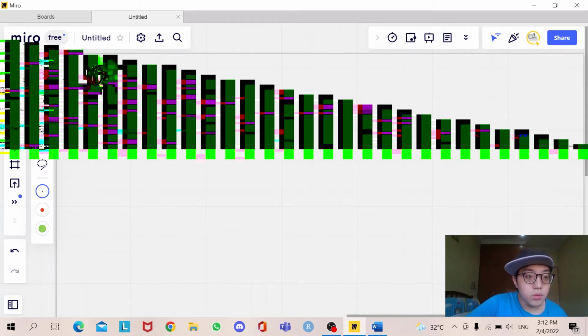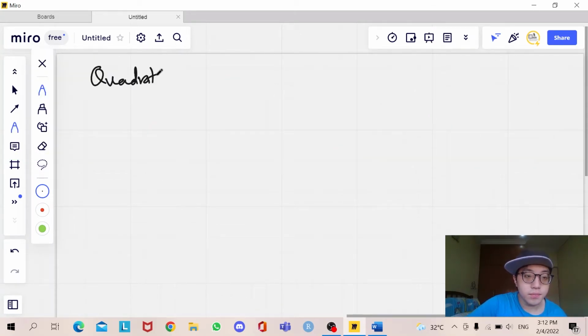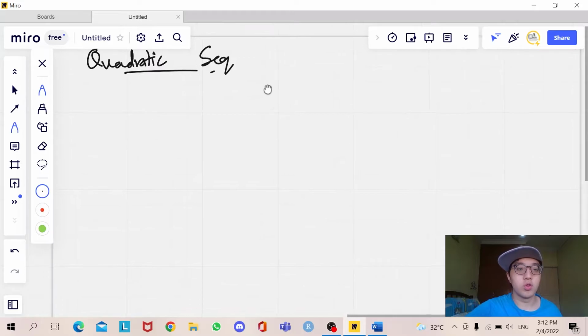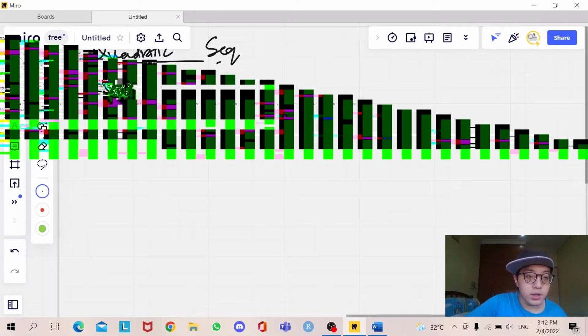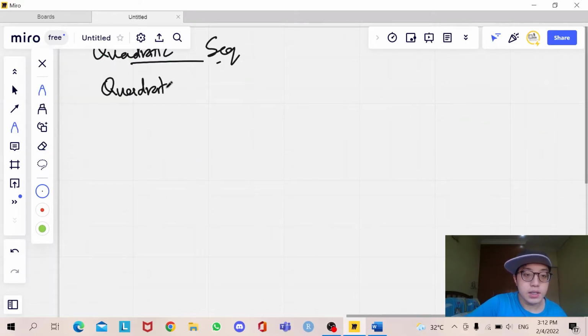Okay, so in this part we will do quadratic sequence. An example of how to look at a quadratic sequence. So from here, we know that quadratic is in terms of an squared plus bn plus c.